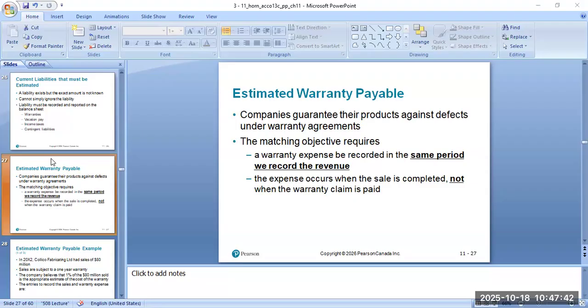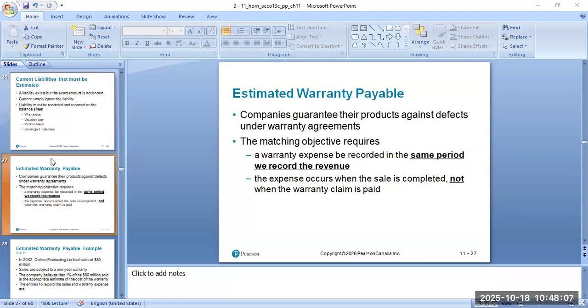Now, the general rule in accounting says we have to match the revenue with expenses. That means if I sell the laptop and I provide a warranty, which might happen, I have to record that warranty at the time of the sales, or in the period when the sales happen.